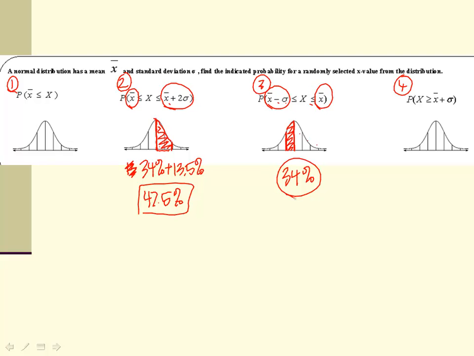Now let's go back to number 1, because number 1 doesn't tell us a start and an ending point. What they're saying is we want the value of x to be less than the mean. So I'm basically looking for less than the mean.